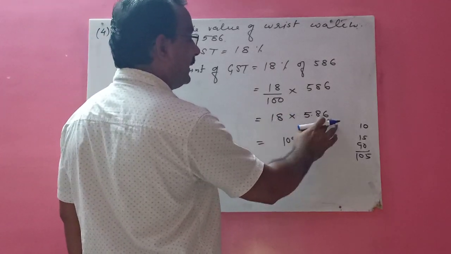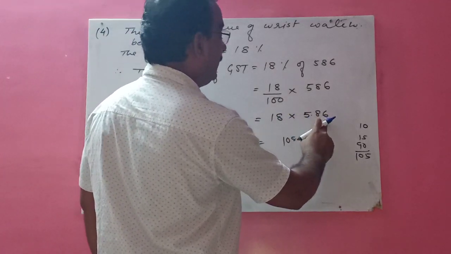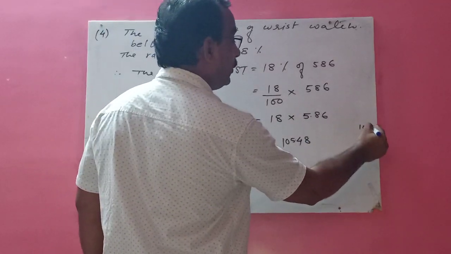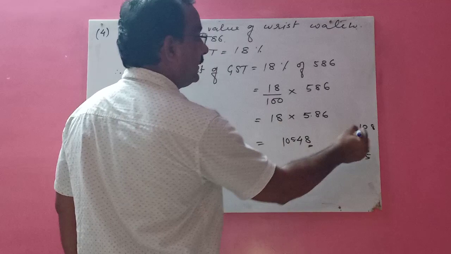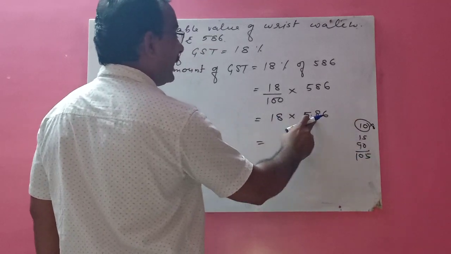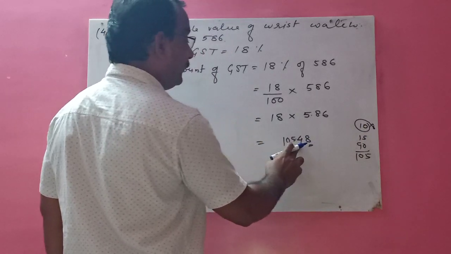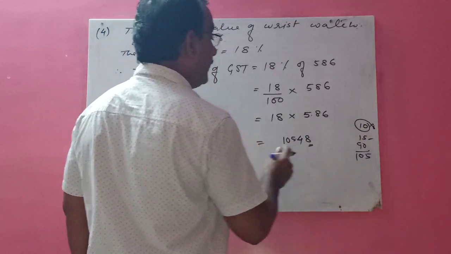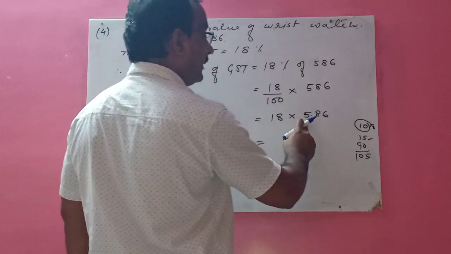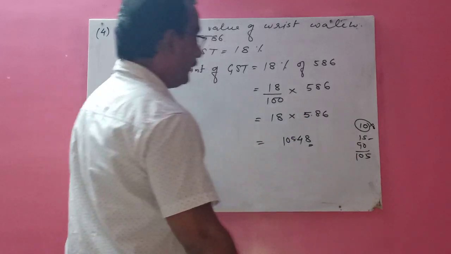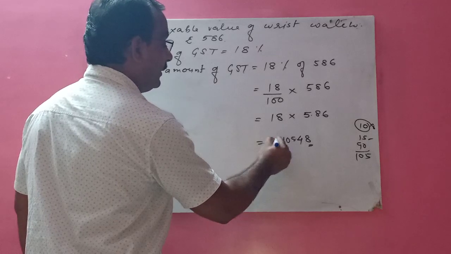Again, children, just multiply. 18 6s are how much? 108. So 8 is here and 10 carry. 18 8s are 144. 144 and 10 is 154. So 15 carry. 18 5s are 90 and 15, so 105. So 105.48. So this is the tax.